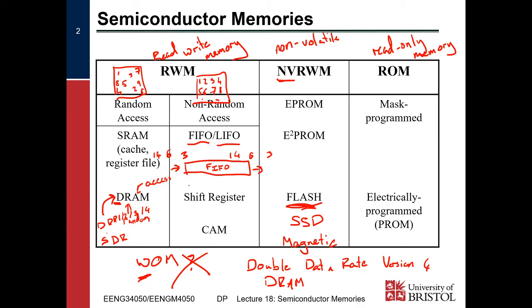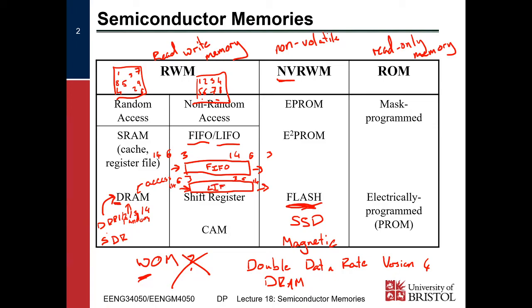Alternatively, LIFO, which is a stack, if you put the data items in the order 3, 6, 14, then you'll get 14, 6, 3 come out the other end. So they come out in the reverse order. That's a LIFO.